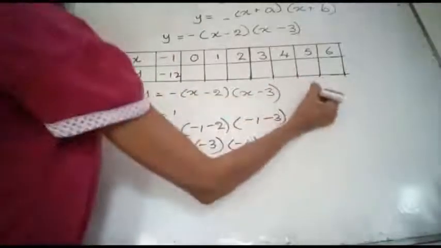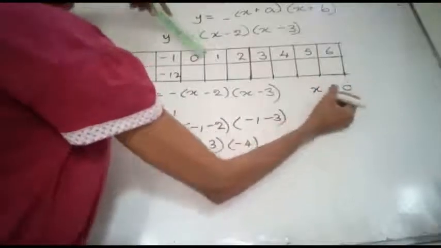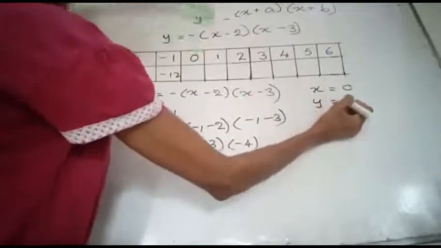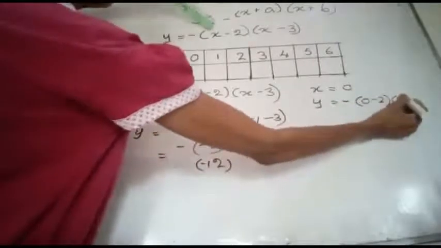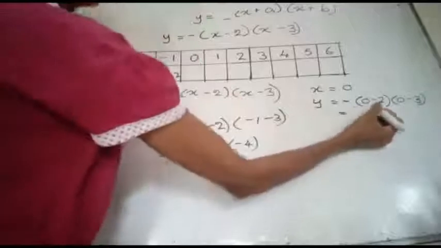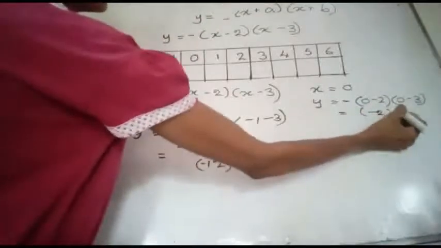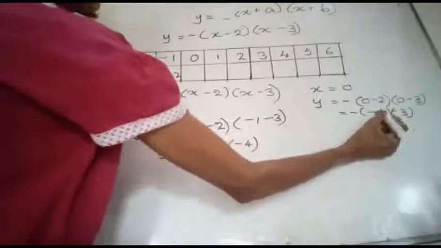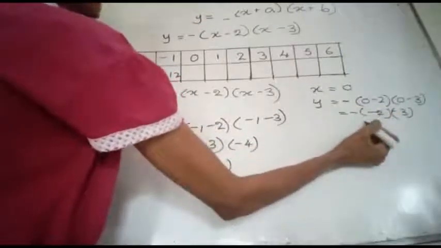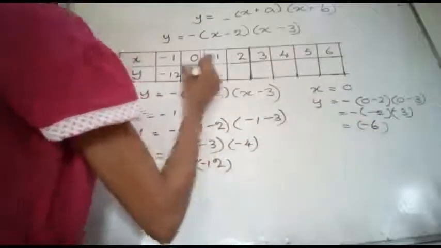Here x is equal to 0, y equals negative (0 subtract 2)(0 subtract 3), negative 2 times negative 3, 2 times 3 is 6, so negative 6.